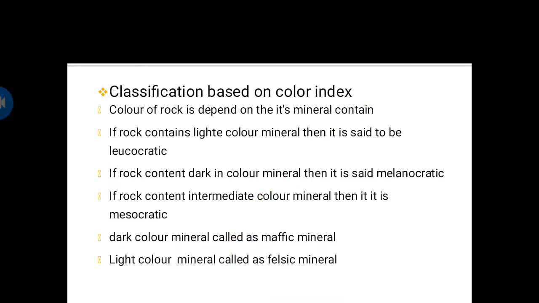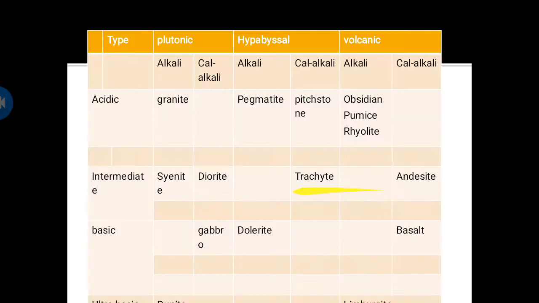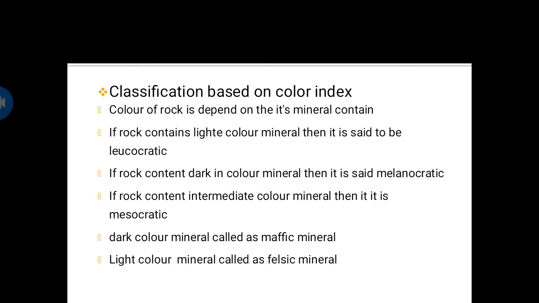See the next classification, based on color index. The color of a rock depends upon its mineral content. On the basis of color we can classify rock as leucocratic, melanocratic and mesocratic.